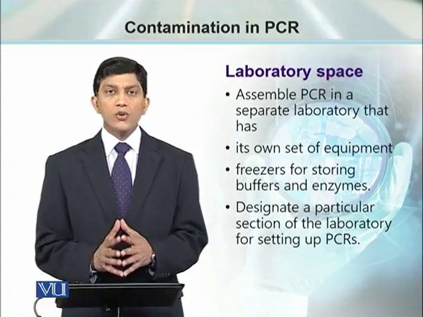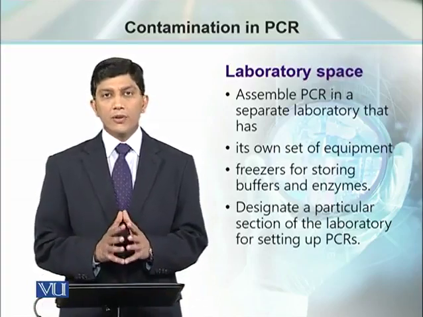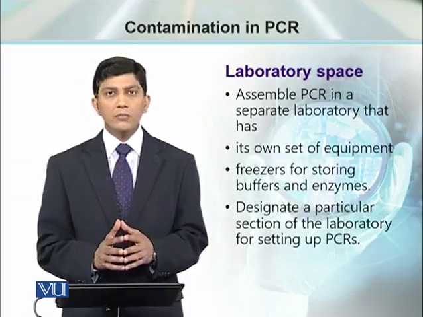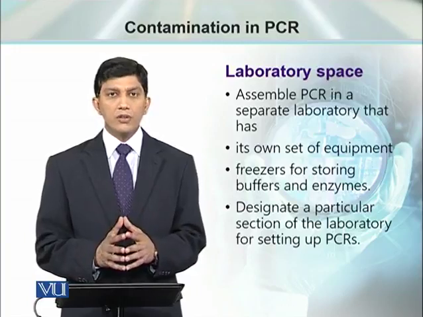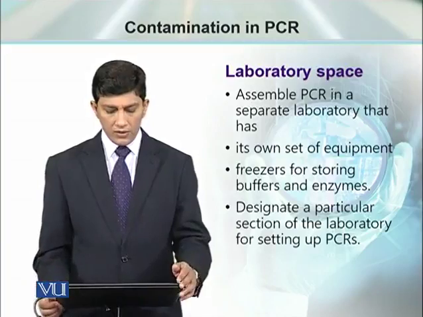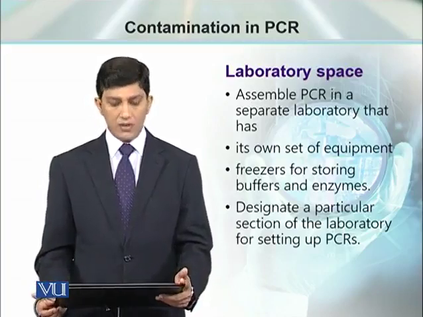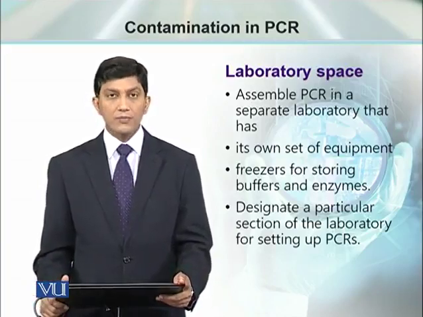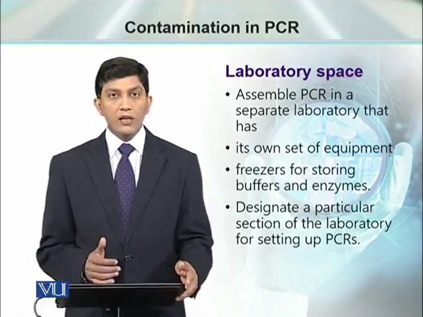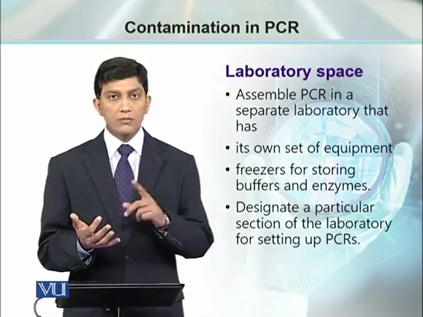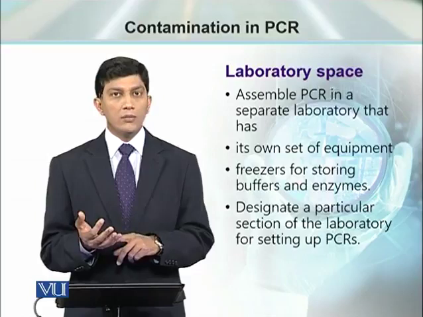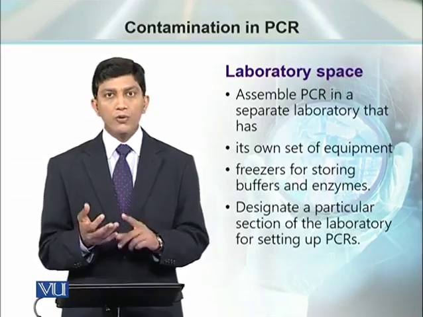The second source of contamination is the laboratory space. Mostly, a number of people are working there, working in different ways. There is always a possibility of contamination. It is always advised to assemble the PCR in a separate laboratory space which has its own set of equipment like gloves, micropipettes, microfuge tubes, the microfuge.